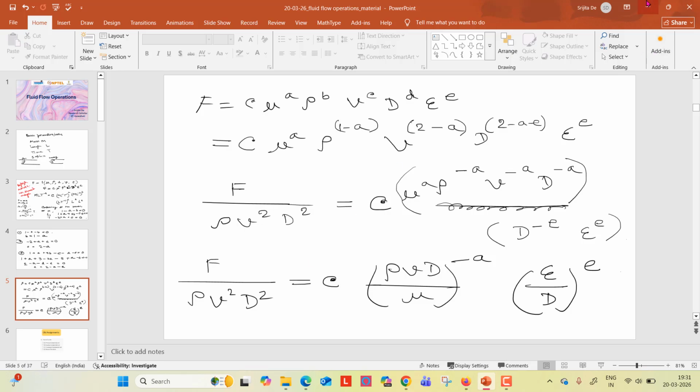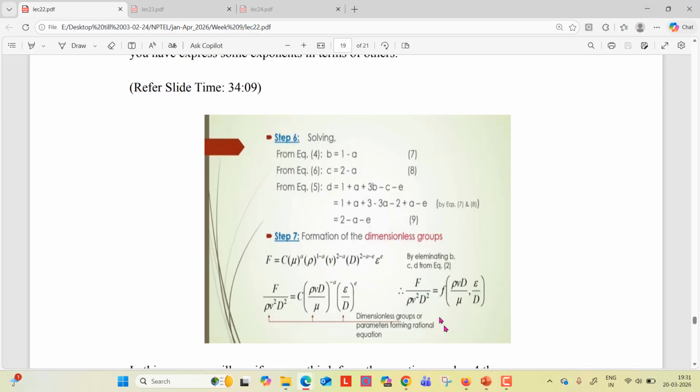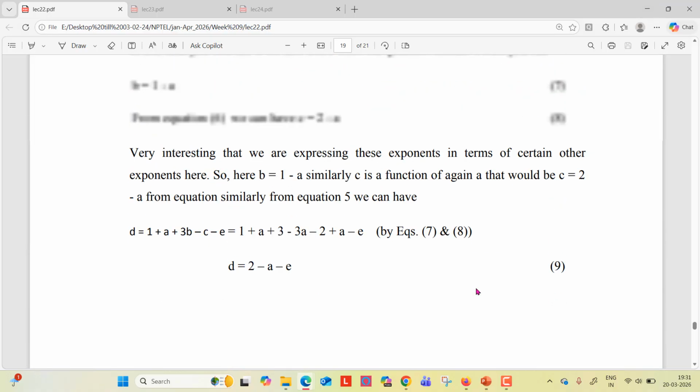Now you are getting something. So now what can we write? We just write it in the form of non-dimensional function of these two.